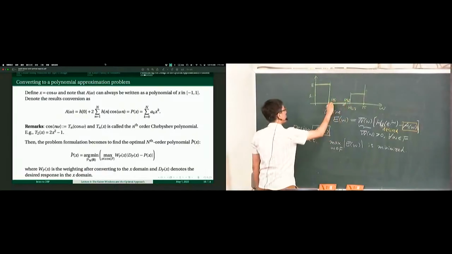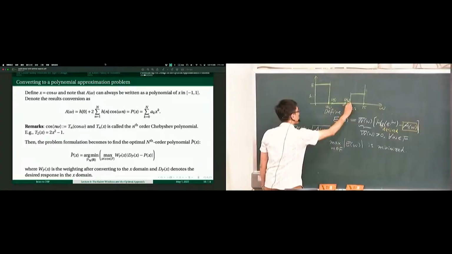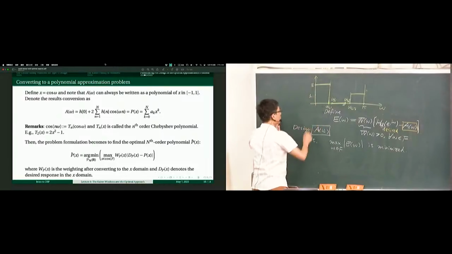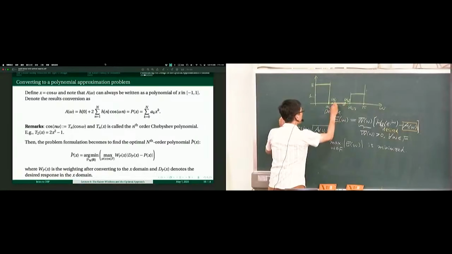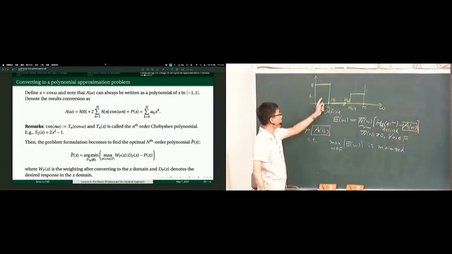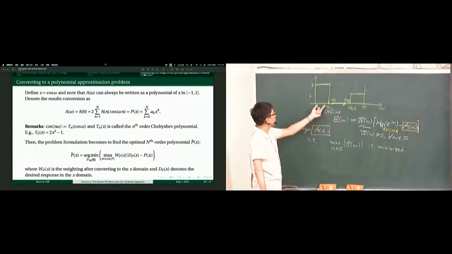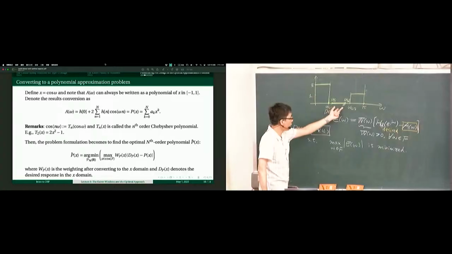So we have 2 edges plus 2 edges, a total of 4 edge frequencies. And now we have a union. So this is a spec. The spec is separated into 3 segments, or 3 zones, or 3 frequency intervals. So this is what we mean by F right here.